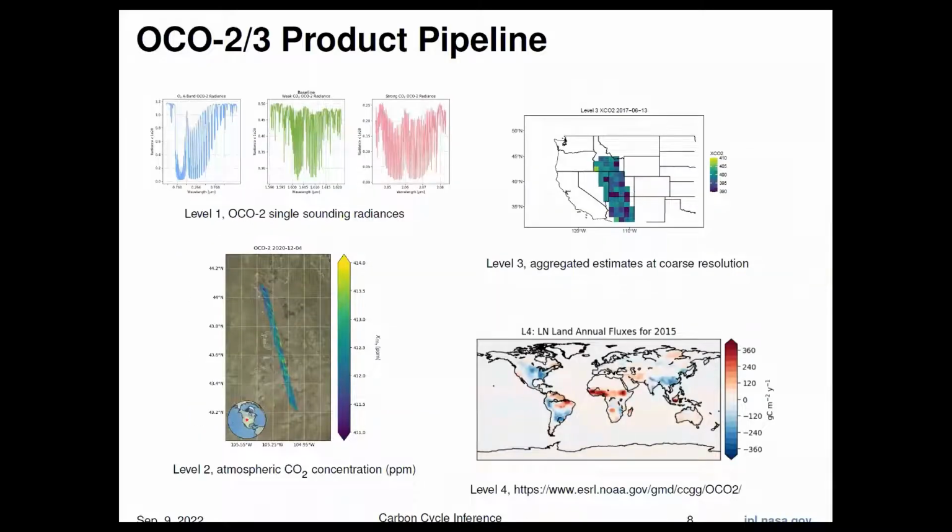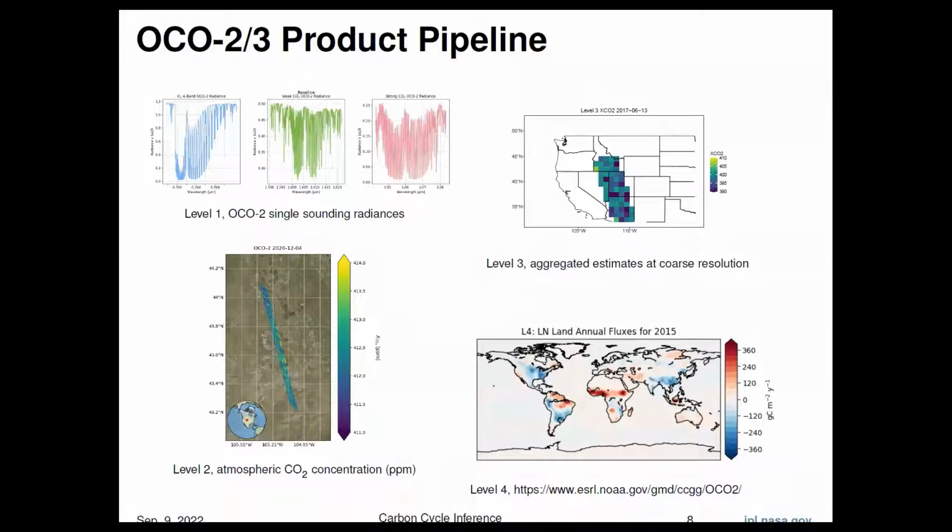Here is a pictorial view of this data product pipeline for OCO2. On the top is the example radiance spectra, the Y, for a single footprint. I haven't mentioned this yet: the 3 different panels here represent 3 different bands in the infrared part of the spectrum that OCO2 observes, and I'll talk about the importance of those shortly.